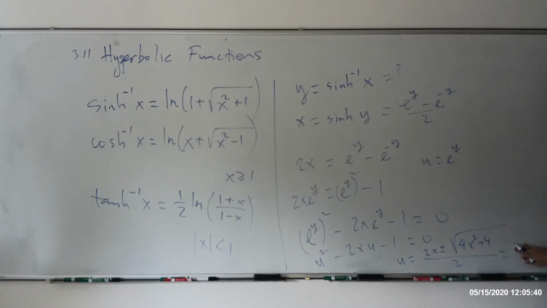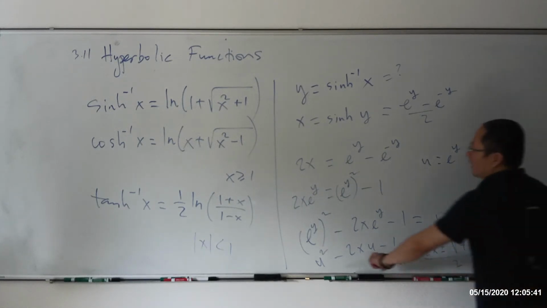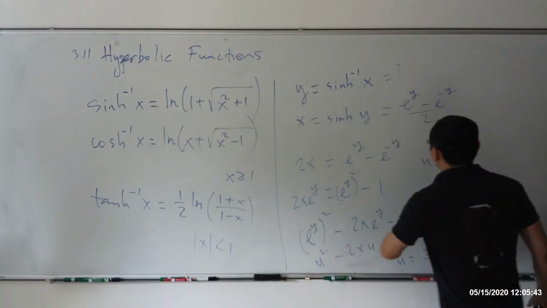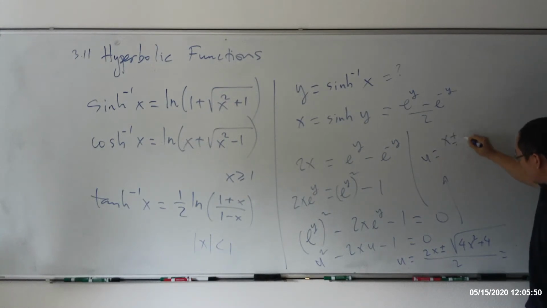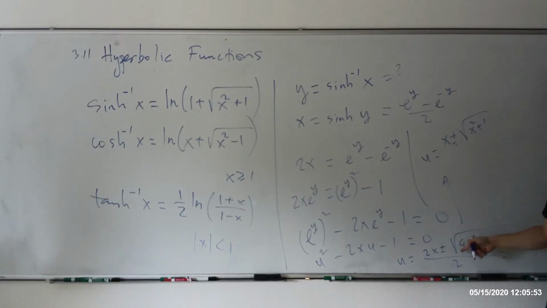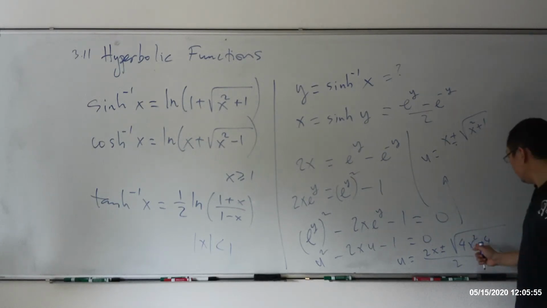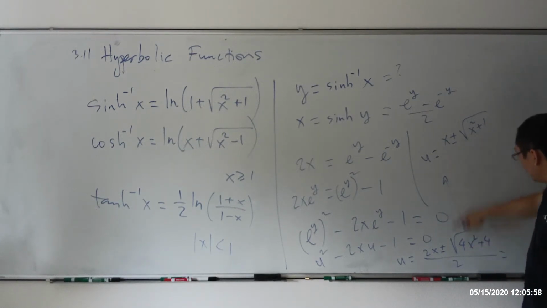Take out a 2. So u is equal to x plus or minus the square root of x squared plus 1. I factor out the 4 from the square root, it's just 2, and divide by 2 on the bottom.